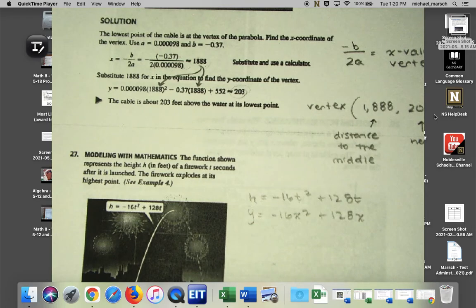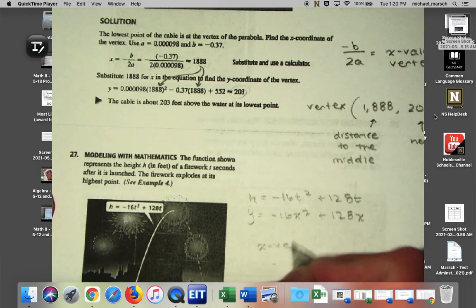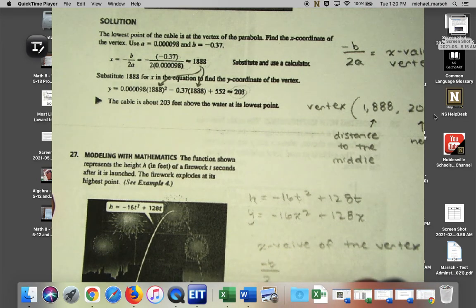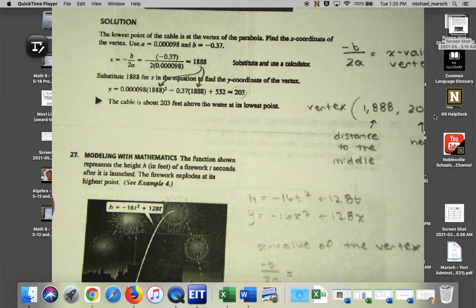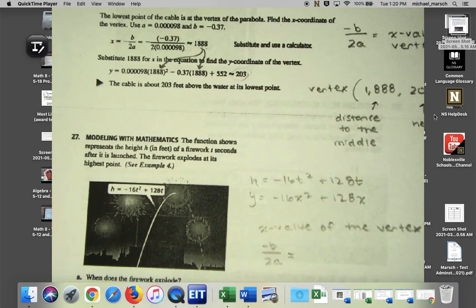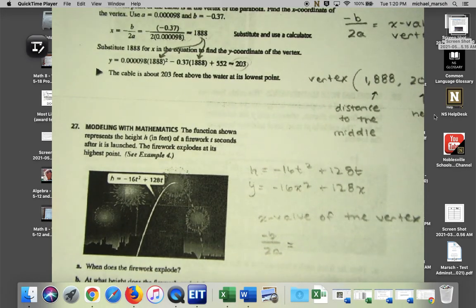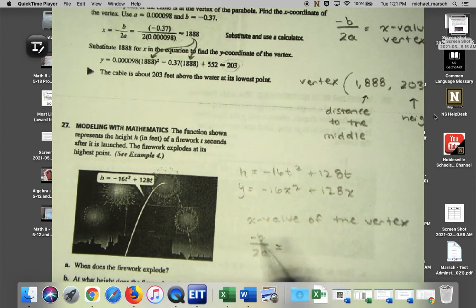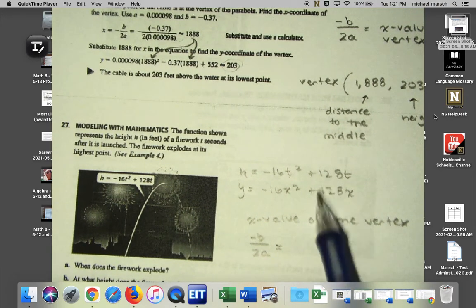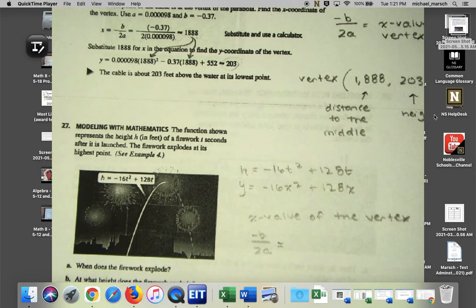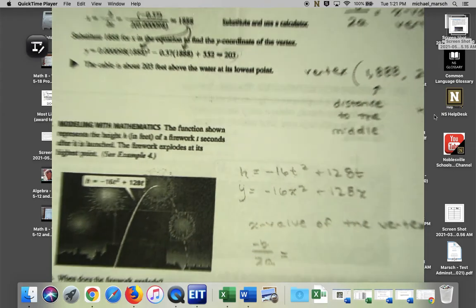Okay, so now we're going to find the x value of the vertex. We're going to use that opposite b over 2a. So what is the opposite of our b value? What's our b value? 128.